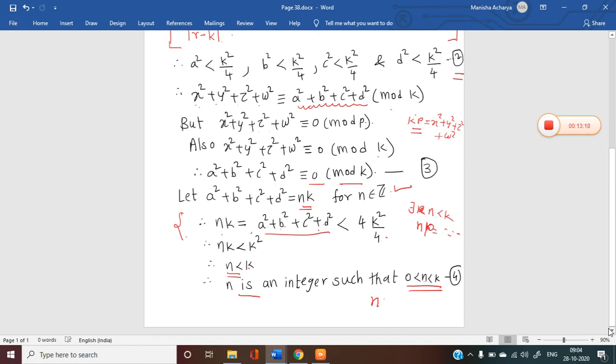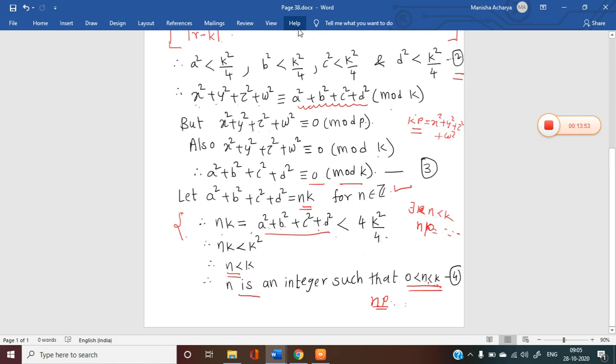If we show that np is also a sum of 4 squares, then we get an integer less than k where np is also expressed as a sum of 4 squares, and that is a contradiction to the chosen value of k. So for the time being, just remember that nk is a sum of 4 squares and n is an integer which is less than k.